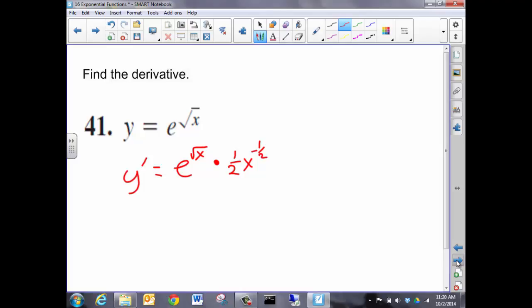Now, how are we going to write that as a fraction? e to the root x is in our numerator. What's in our denominator? 2 and root x in our denominator. Okay? That would be a final answer there.